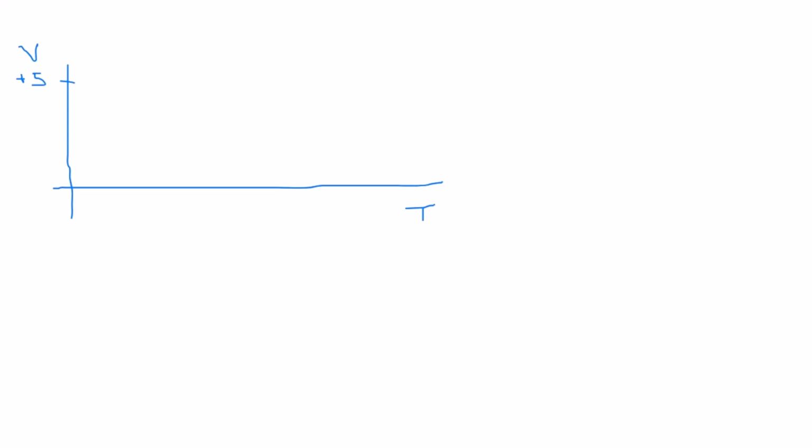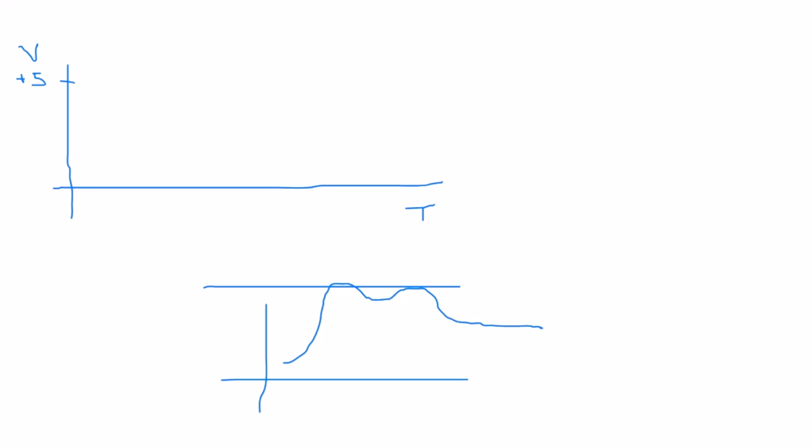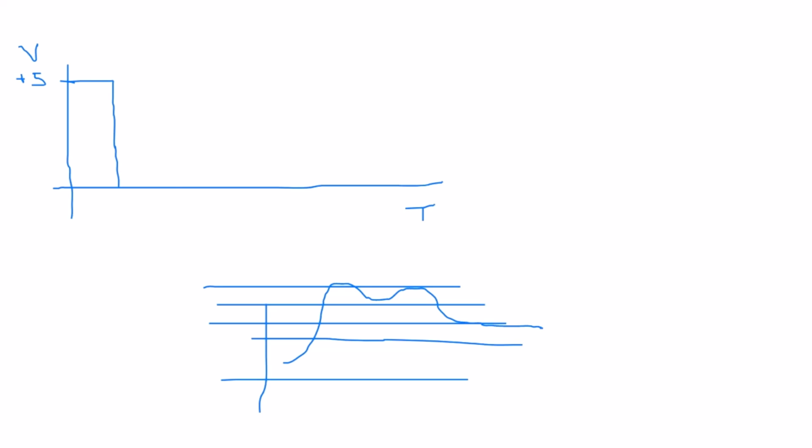When we have an analog signal, it looks something like this. As you see, there is no single level for the signal over time. But a digital signal looks like this.